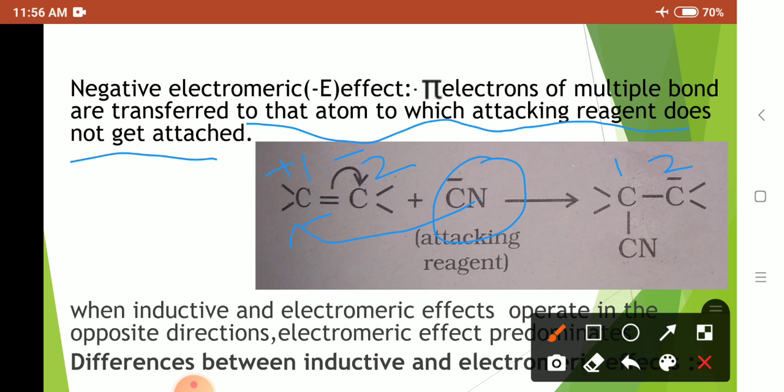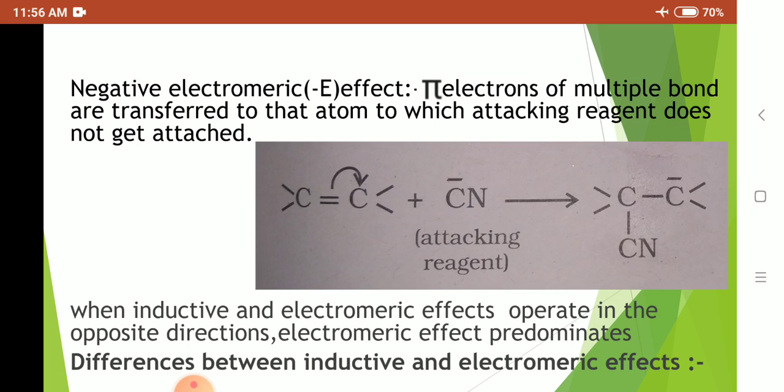So in the negative electromeric effect, pi electrons of the multiple bond are transferred to that atom to which the attacking reagent does not get attached. Now, when inductive and electromeric effects operate in opposite directions, the electromeric effect predominates.